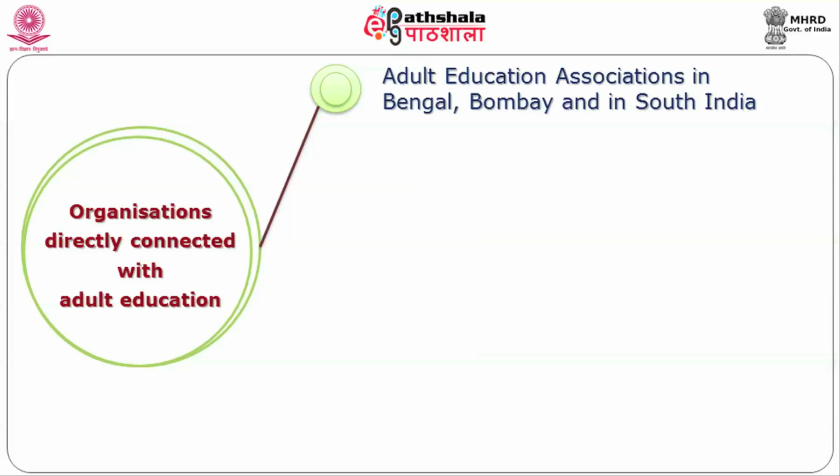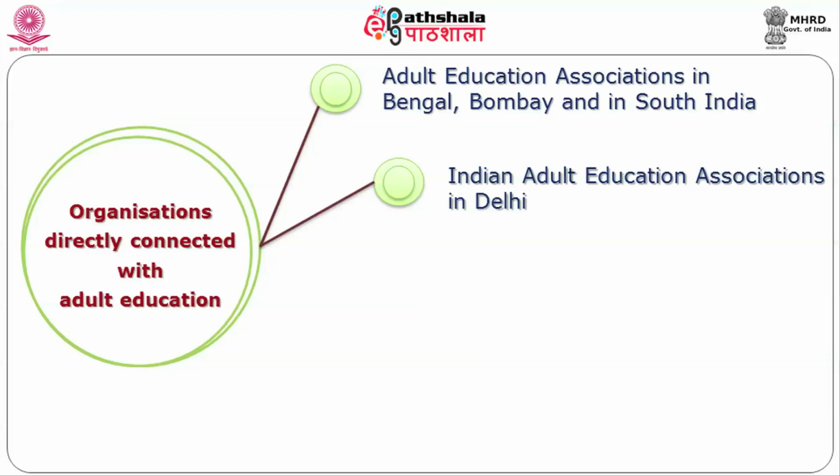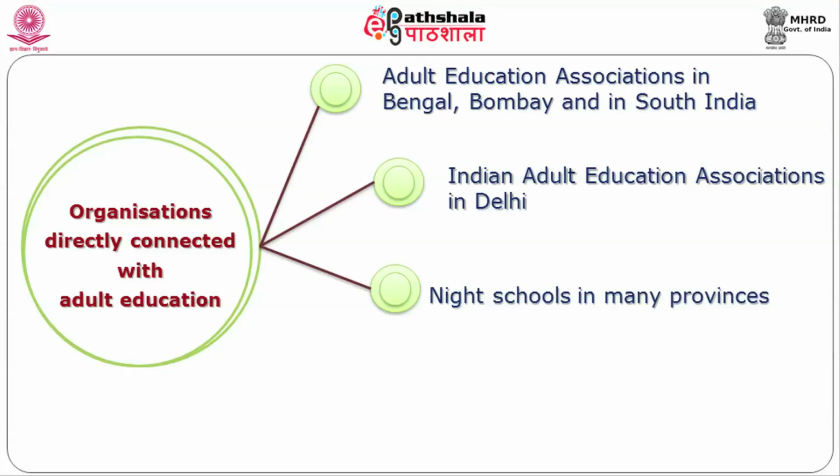Adult education associations were formed in Bengal, Bombay, and in South India. The Indian Adult Education Association was established in 1939. Establishment of night schools in certain provinces and the public library movement also gave impetus to adult literacy.